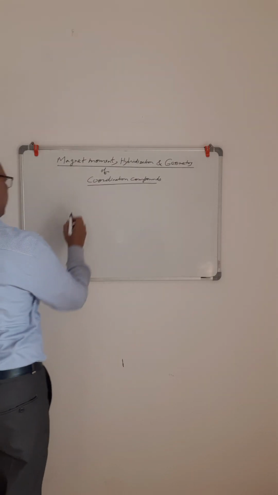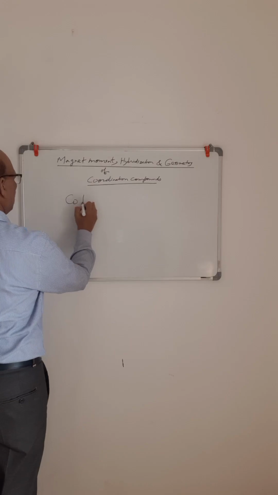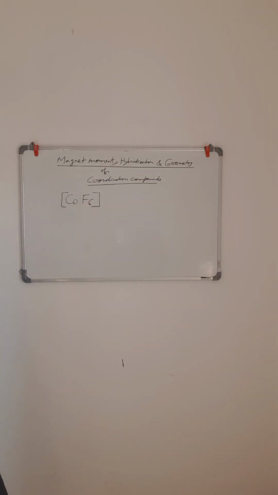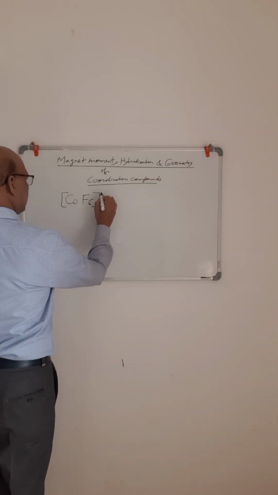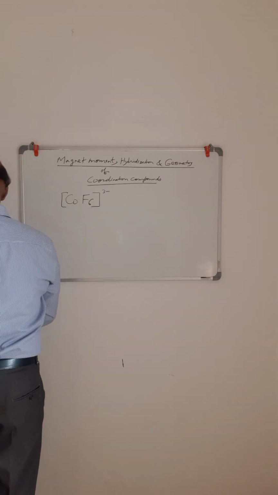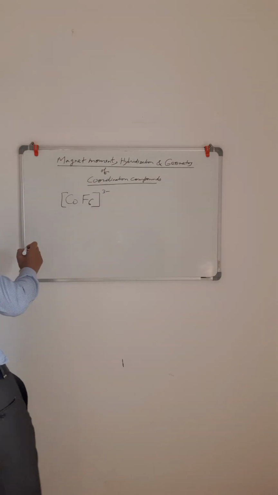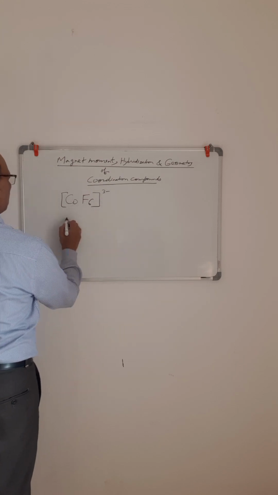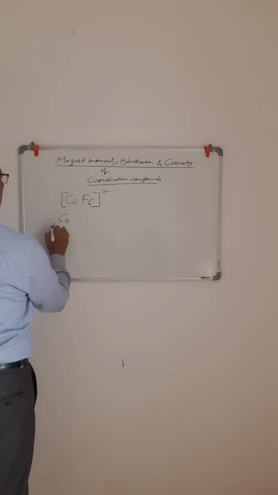So let us take first CoF6, that is 3 minus, and we know that fluoride is also a weak field ligand and cobalt is 27.